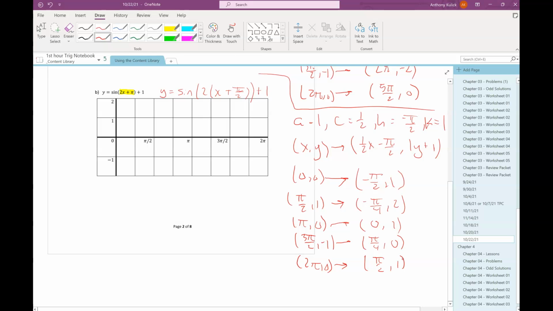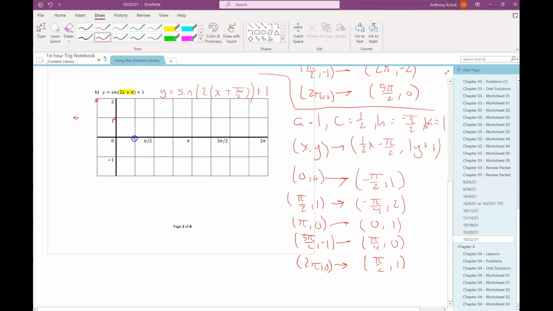I notice here that if I look at my x-axis, every grid line is a quarter of a pi, right? Half of a half is a quarter. So I have here then negative pi over 2, 1 would be off my graph somewhere, like over here. Negative pi over 4, 2 would be here. And 0, 1.